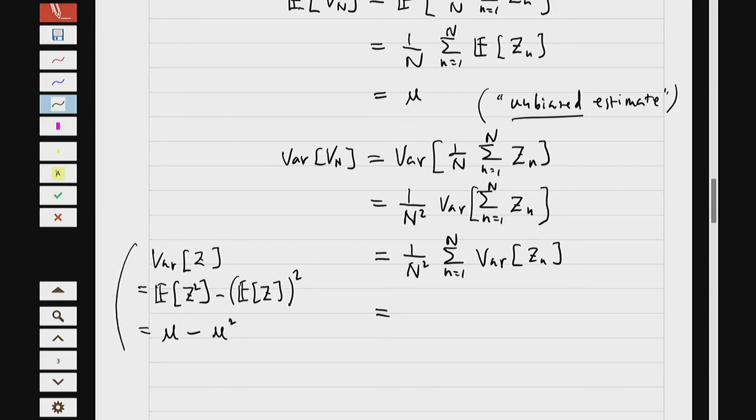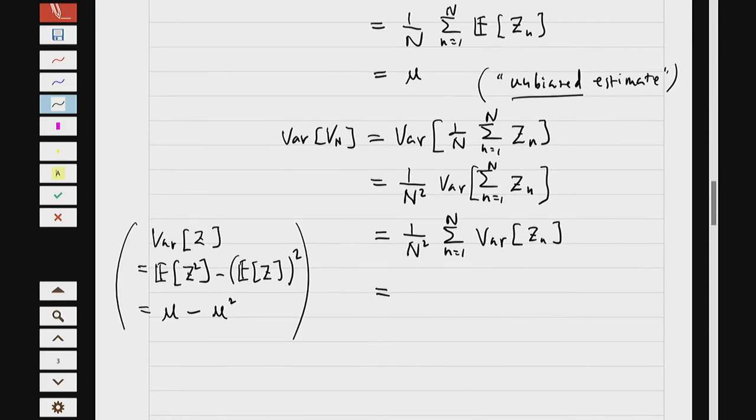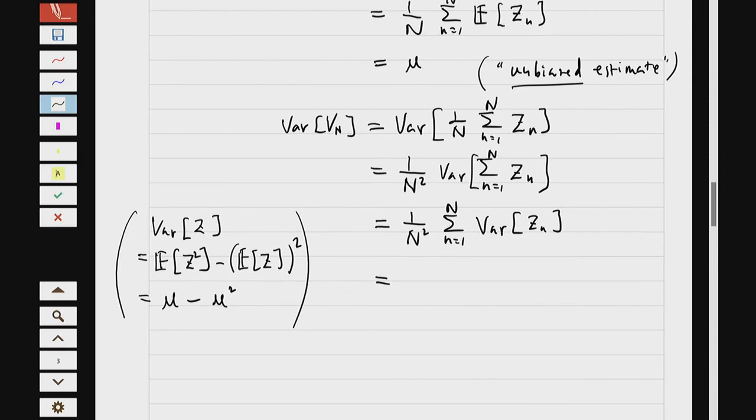If you forget how to find the variance of a Bernoulli random variable, this is the review for you. So therefore, inside it is just n times this variance. So we cancel out one of the n outside, and we have 1 over n times mu times 1 minus mu.